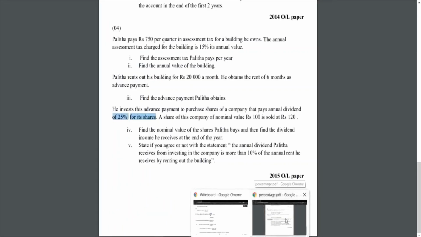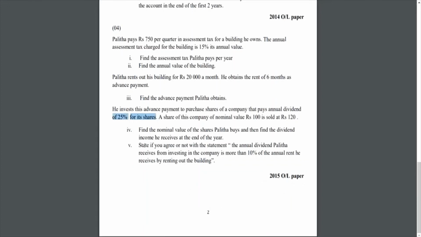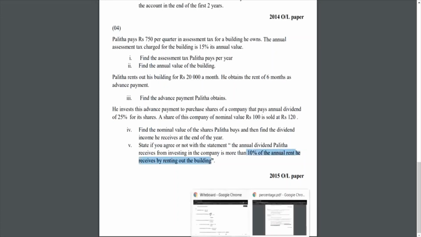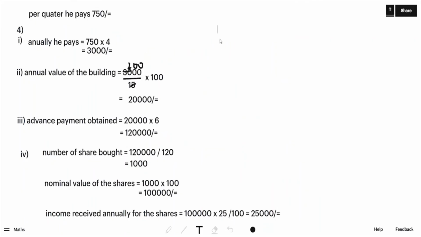Now let's see the next question. State if you agree or not with the statement: the annual dividend Carlita received from investing in the company, which we found is 25,000, is more than 10% of the annual rent he received by renting out the building. Now we should find the 10% of the annual rent he receives. In order to find that, fifth question.